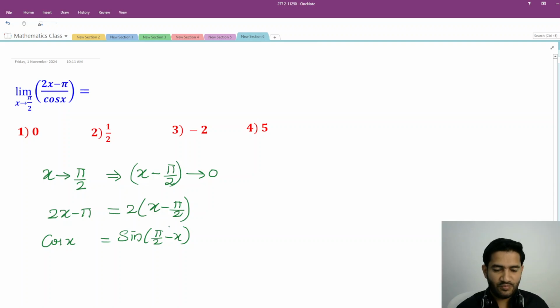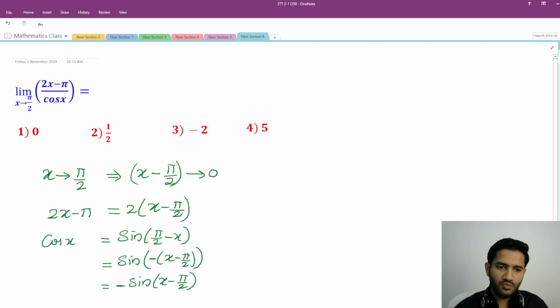It is not x minus pi by 2, it is pi by 2 minus x. But we can swap the terms like this: we take the negative outside, then we get x minus pi by 2. Again we use the result sine of minus theta equals minus sine theta, because sine is an odd function. So minus sine of x minus pi by 2. Now we have converted all the variables in terms of x minus pi by 2.